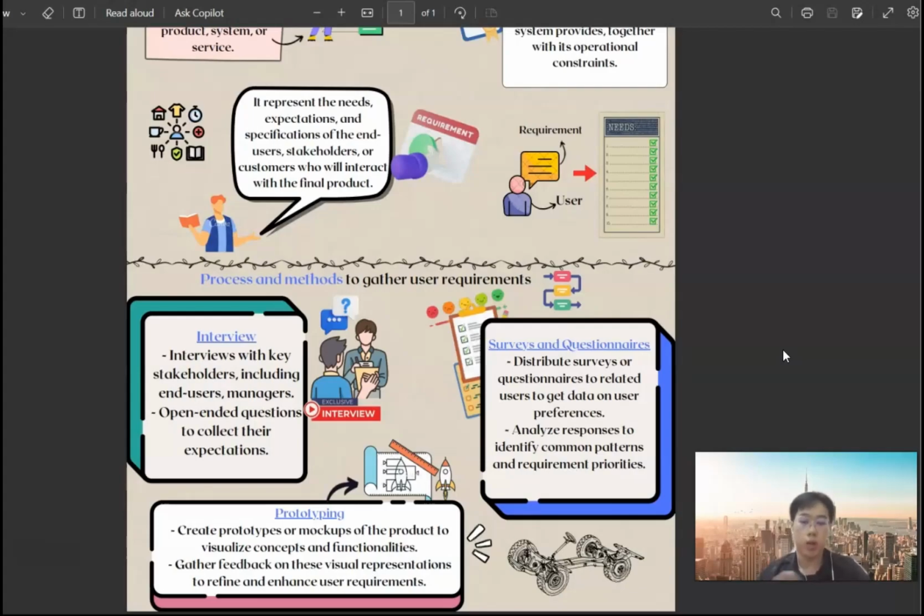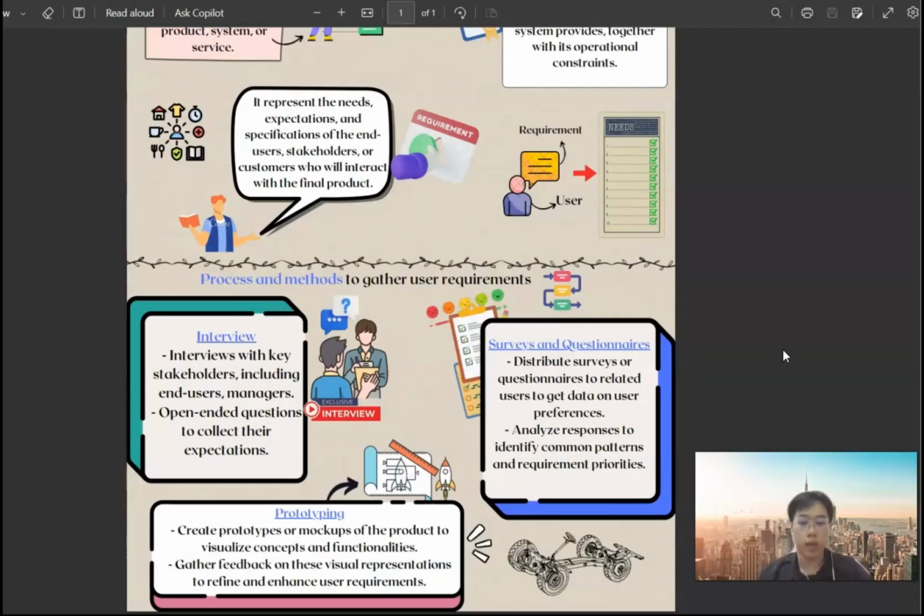To distribute the survey, first thing first, we actually have to identify the scope of our project. For example, who are the targeted users in this project? If we do a project that is related to Touch 'n Go, then we will only distribute this survey to the users that are using Touch 'n Go.